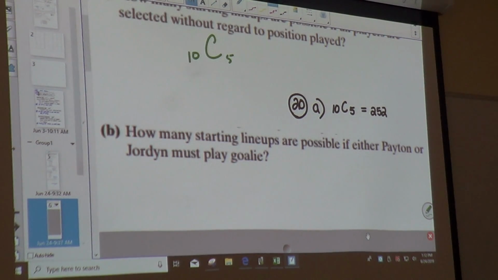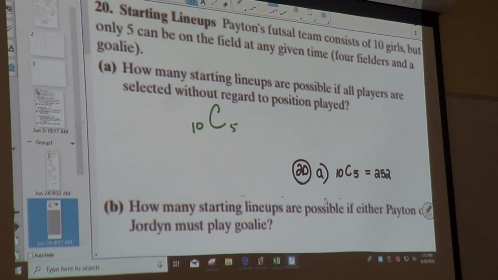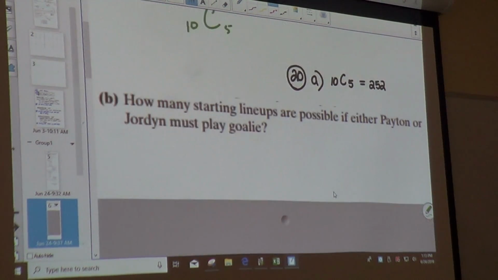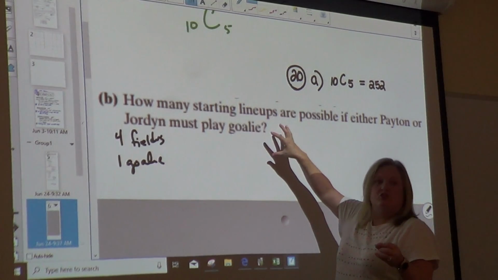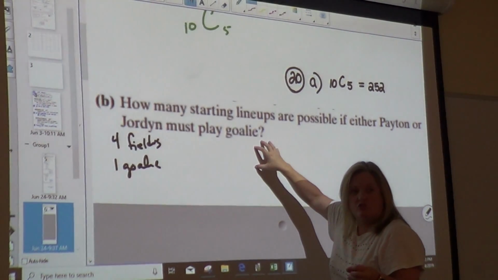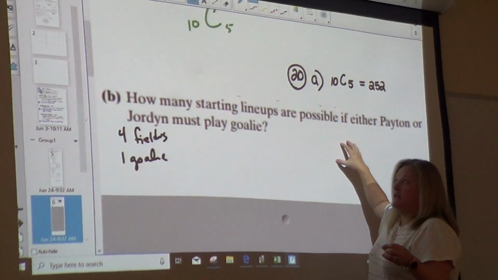So, how many starting lineups are possible if either Peyton or Jordan must play goalie? Now, at the top, it says 4 fielders and a goalie. So we're going to choose 4 fielders, 1 goalie.